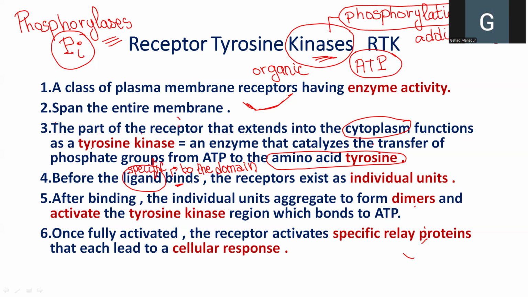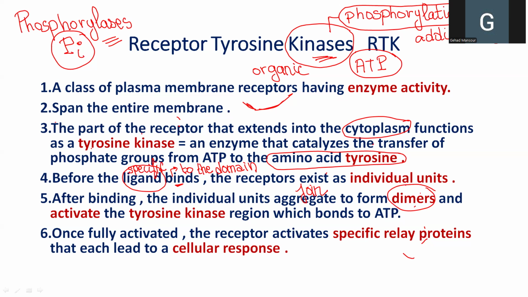once the specific ligand binds to the specific domain, these individual units will aggregate, meaning join together, and they will form a dimer. A dimer is a bigger molecule that is made of two halves.